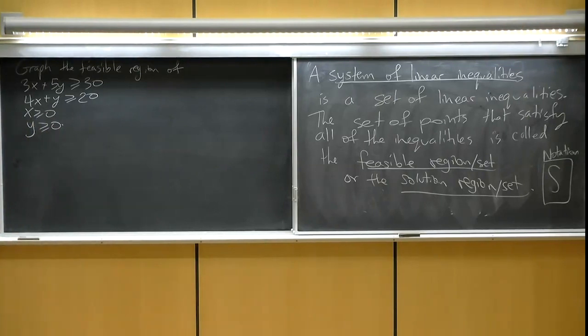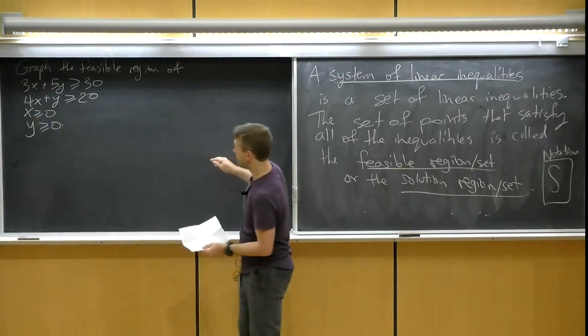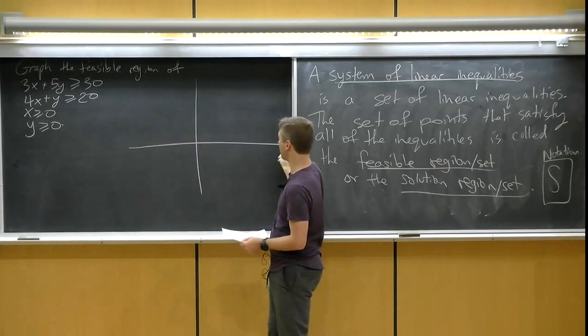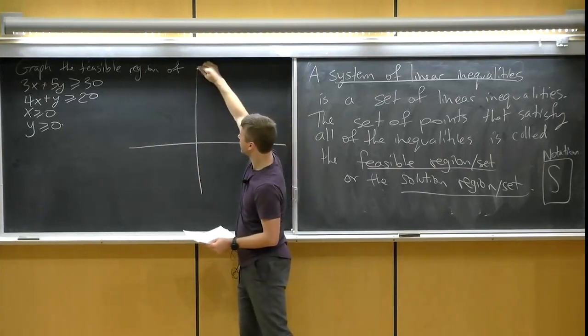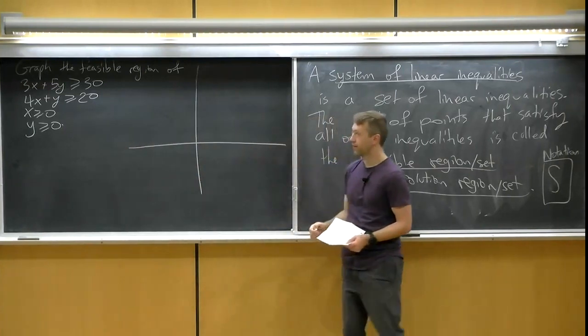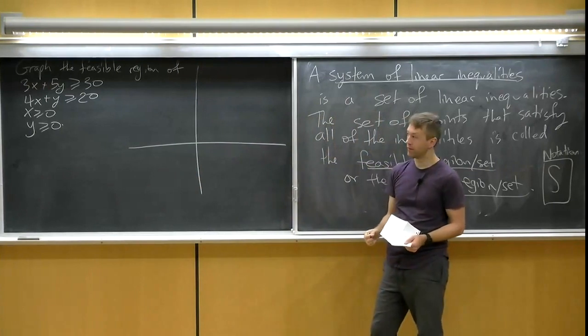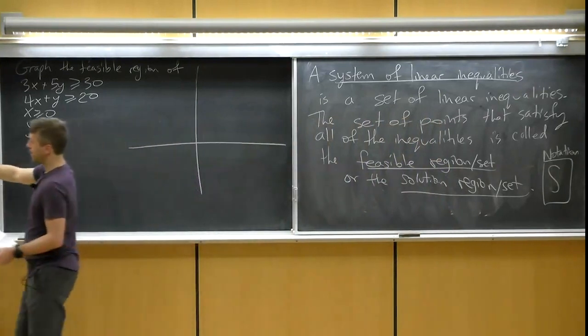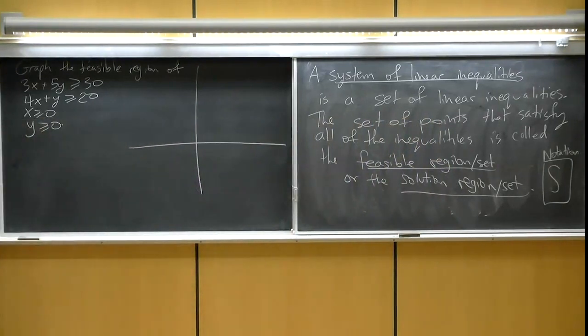In other words, we want to graph this, and we want to shade in all the areas where all four of these are satisfied. Okay. As a first step, like we did last time, just start drawing the correct lines.